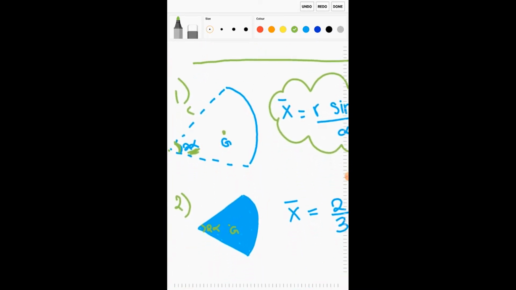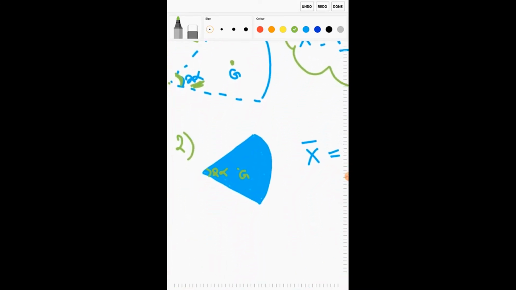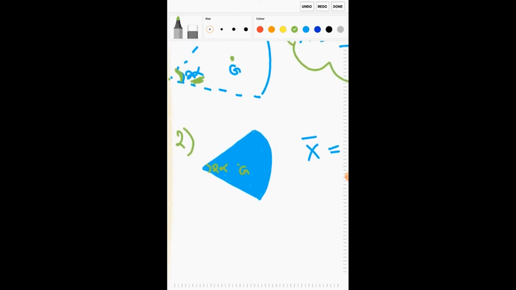Okay? Now, sometimes it might not be a wire, it might be a lamina. They would tell you to find the center of mass of a uniform lamina in the form of a sector of a circle of radius r, subtending angle 2 alpha at the center.